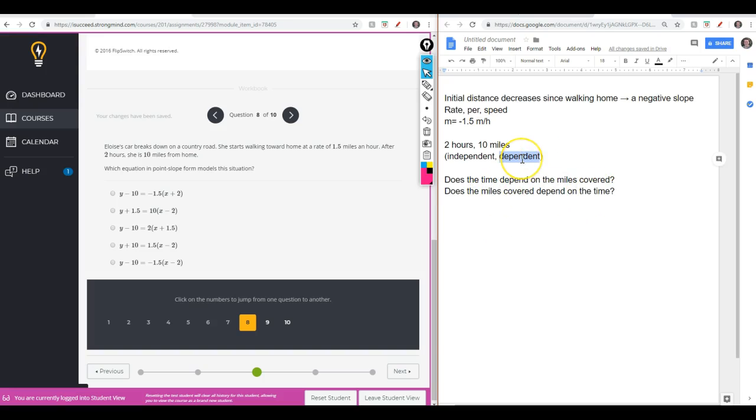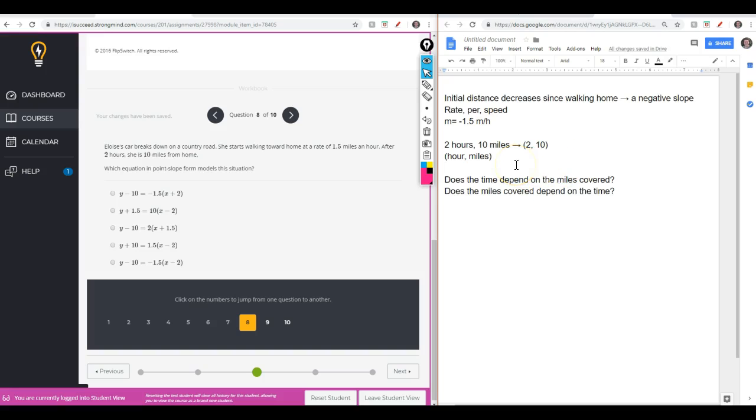So miles go in for the dependent, which is your y coordinate, and then your hours are your input, your independent. So when we're creating an x and y coordinate for the point, the x coordinate is represented by hours, so it's 2 hours and she has traveled 10 miles.